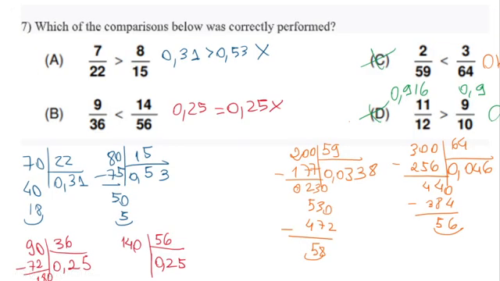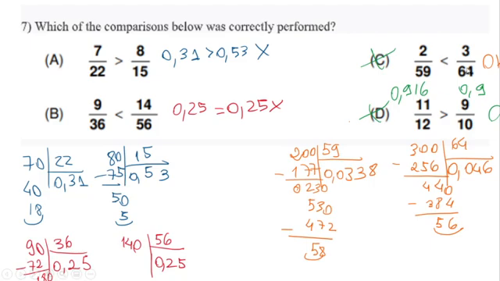Here is to see which of the options are correct. Yeah? So the first one isn't right, yeah? This number isn't greater than that one. These two numbers are equal, and it's saying that one is greater than the other.